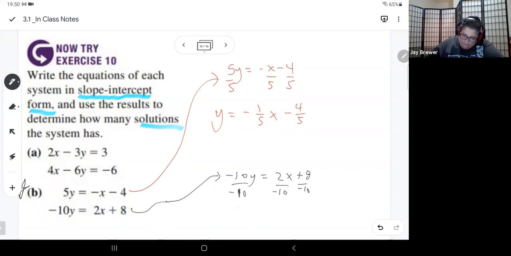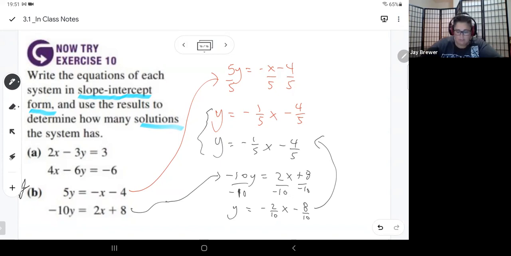Okay, that's going to actually give us y equals -2/10 x minus 8/10. Well, this can all get divided by 2. So you end up with y equals -1/5 x minus 4/5.